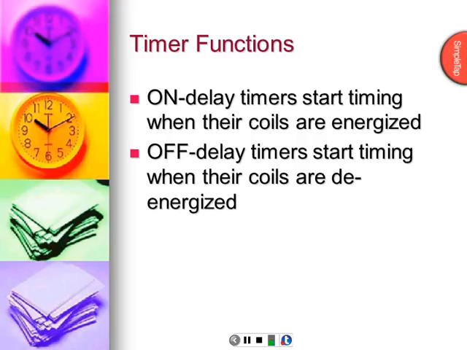Off delay is I am doing something, or the motor's doing something, and I only want it to run for a certain amount of time and then turn off. So this is an off delay. It might be the motor comes on automatically, and every 2 hours I want it to shut down so that we go over there and grease it or whatever, or clean the wood.